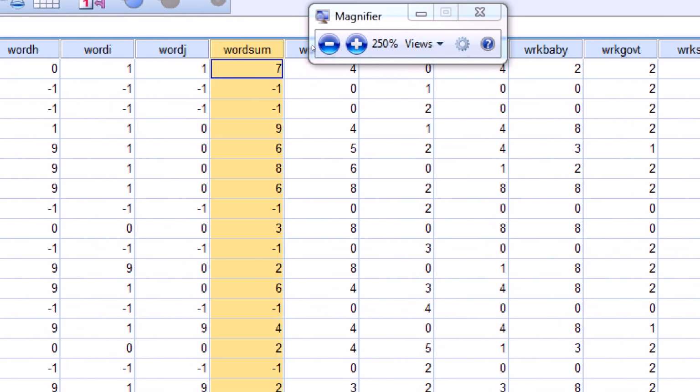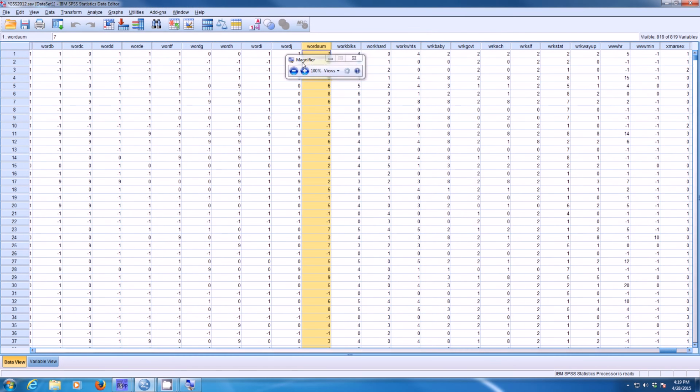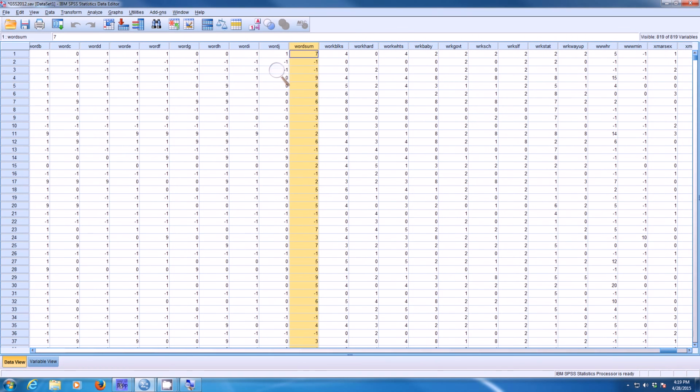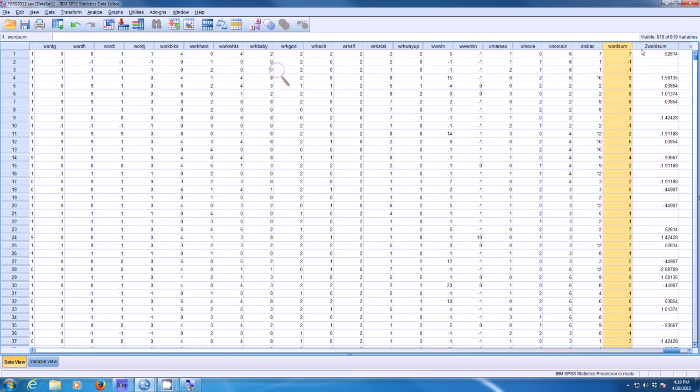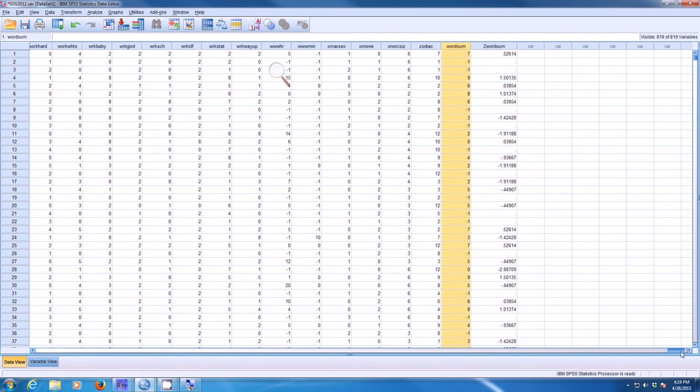We can move this so that it's closer to the end of the data set where we have our z word sum variable. So we're just going to move it over, and we're going to continue moving it until we get to the end. And so here we have word sum side by side with the z-score value of word sum.